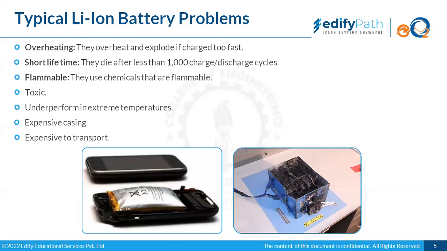Expensive casing. A lot of care is taken so that the casing is made a bit robust, so that first of all it could take care of shocks, and at the same time the temperature variation could be taken care of.